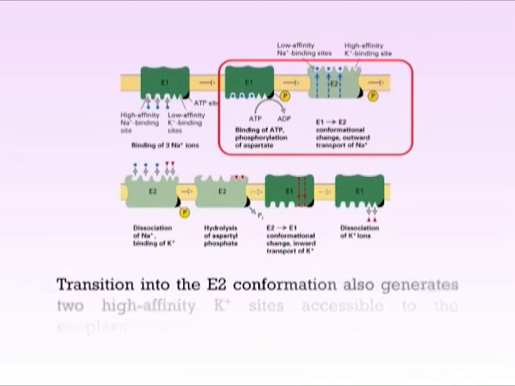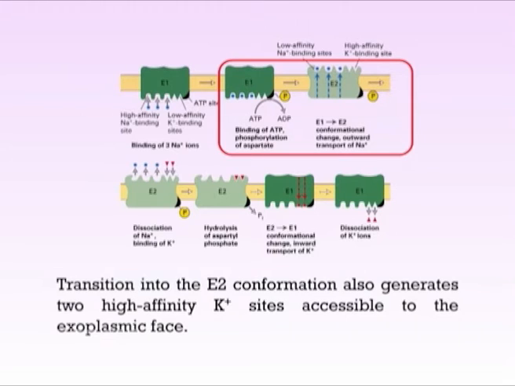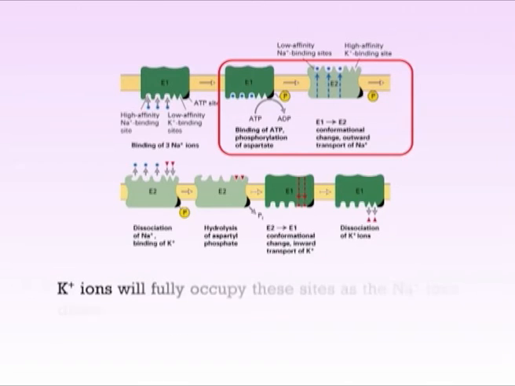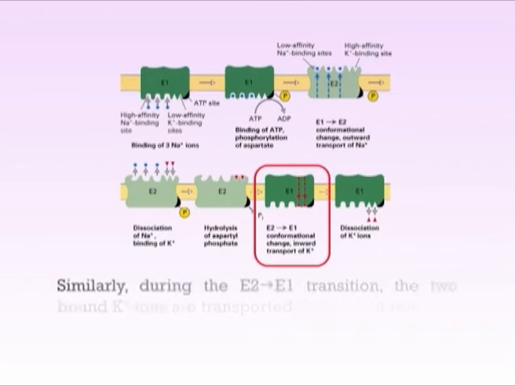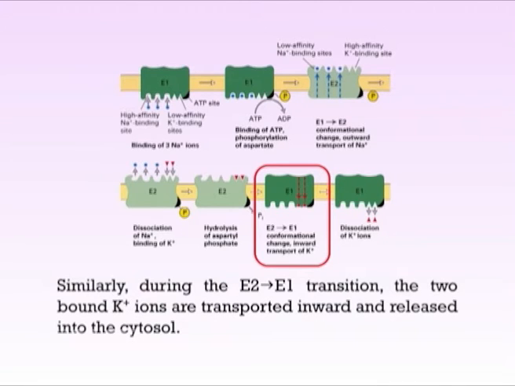The transition into the E2 conformation also generates 2 high affinity potassium sites accessible to the exoplasmic phase. Potassium ions will fully occupy these sites as the sodium ions dissociate. Similarly, during the E2 to E1 transition, the 2 bound potassium ions are transported inward and released into the cytosol.